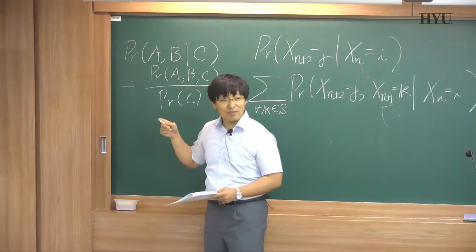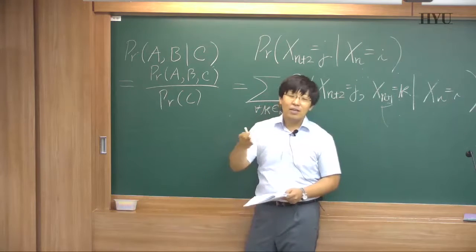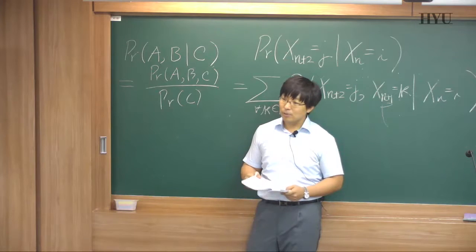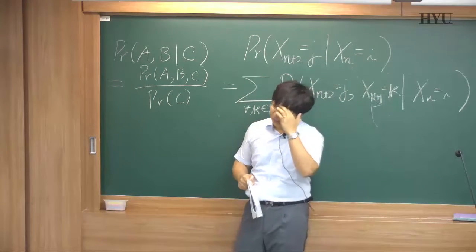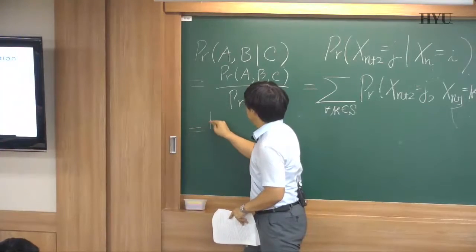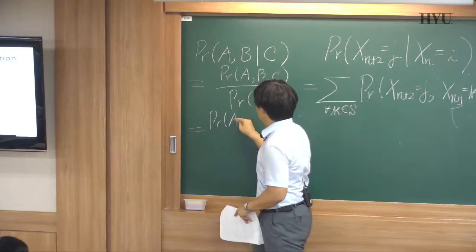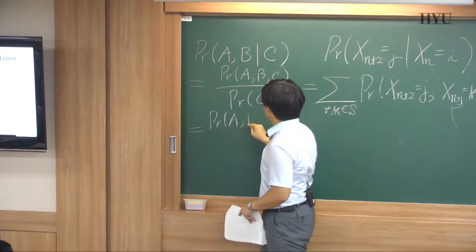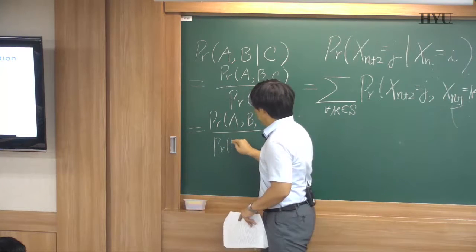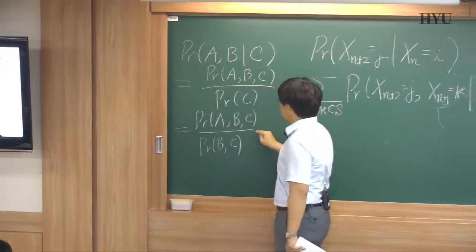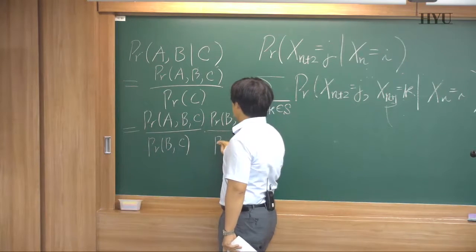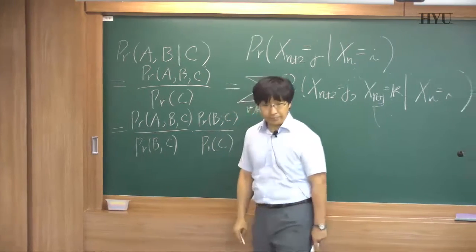If you are not familiar with this formula, then you can recheck the slides I provided in the first class. And then this probability is the same as probability that A, comma B, comma C over probability that B, comma C, times probability that B, comma C over probability that C.